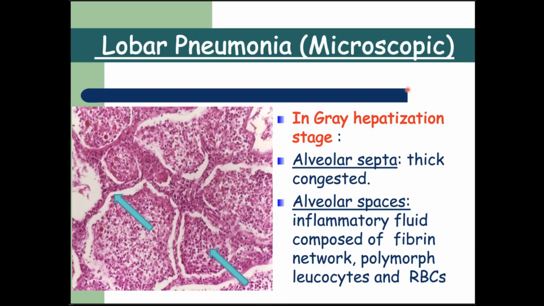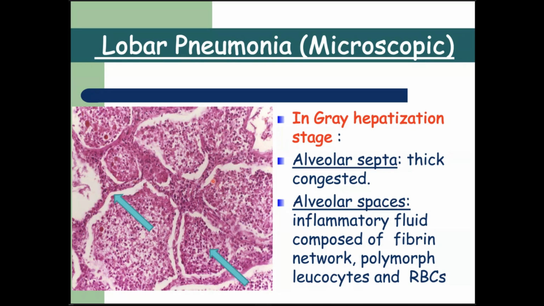This is the microscopic feature. If you look, this is the gray hepatization. Again, I must tell you that sometimes there's overlap. You cannot differentiate between red and gray hepatization. But in this, you see the alveolar septa are thickened. They are very thick and they are congested. These are the alveolar septa.